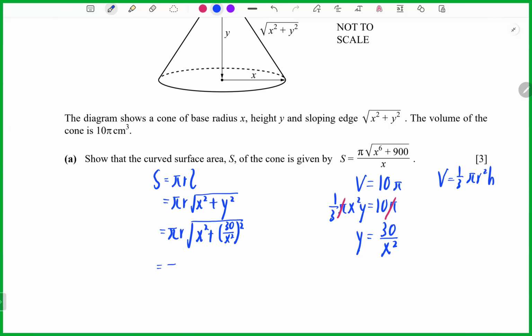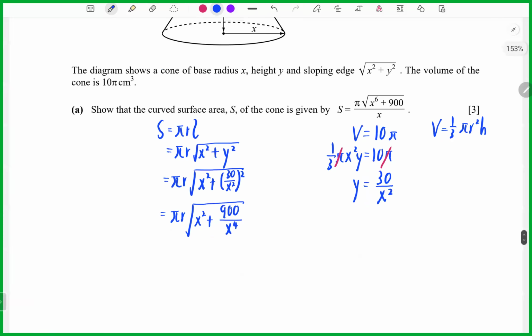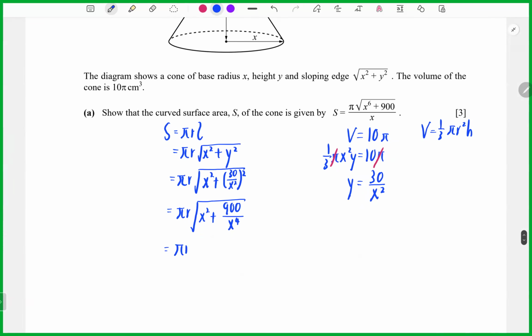So you can write pi r here, x squared plus 900 over x power 4.